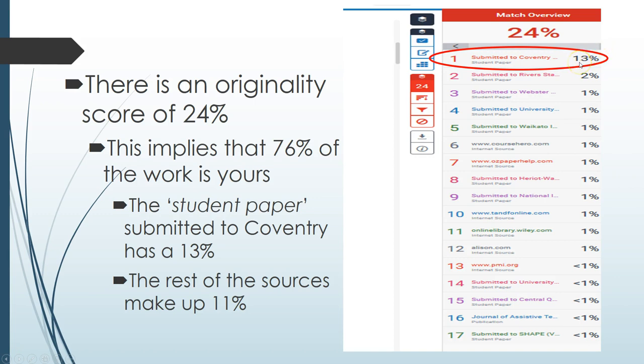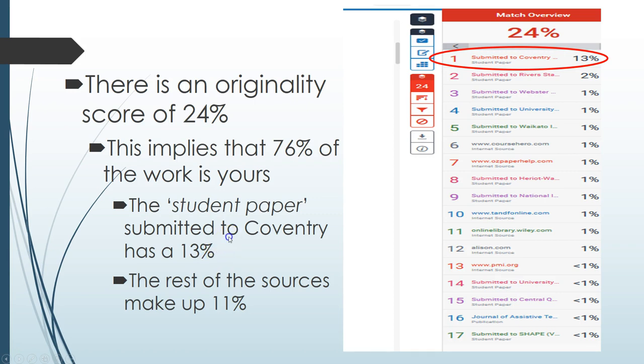So it could be this same student's work, or it will be another student's work, where you might begin to think about things like collaboration, cheating, etc. So the rest of the sources make up 11% of the match. So if you add up all of these other sources, if this is everything, then it's going to give you 11%. But for this particular one is 13%. So 13% of this student submission belongs to another student. That is what it means. So another student has used 13% of this bit before this student submission.